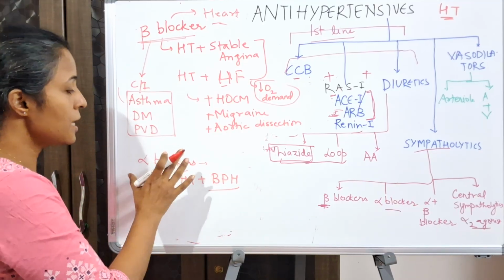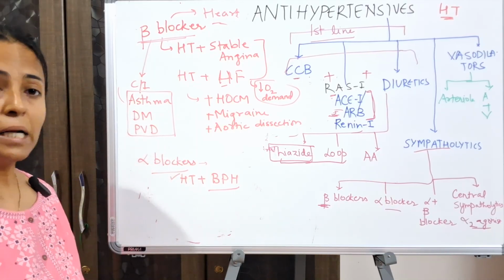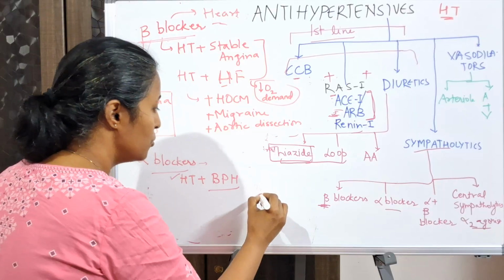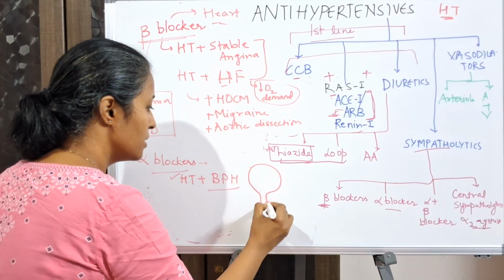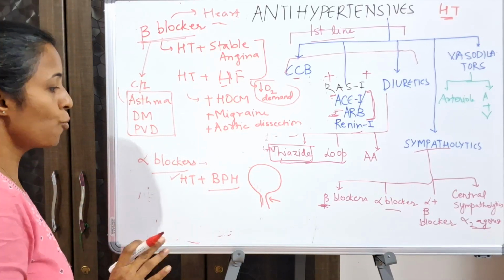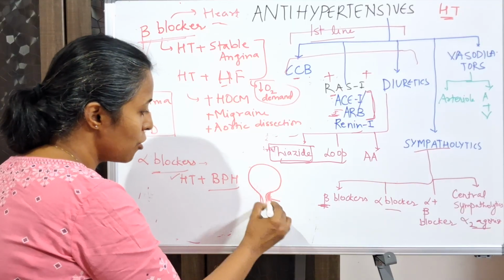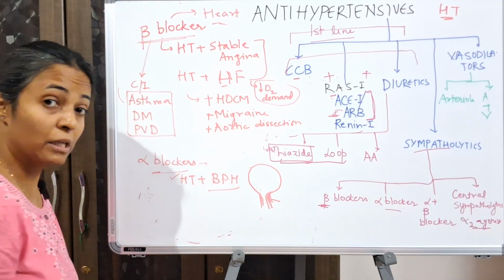Okay, so these alpha receptors, they are present in the vessels we have seen, but they are also present in the urinary bladder. Okay, so this is the urinary bladder. Here, alpha receptors are present. So when you give alpha blockers, there will be relaxation of the urethral sphincter.